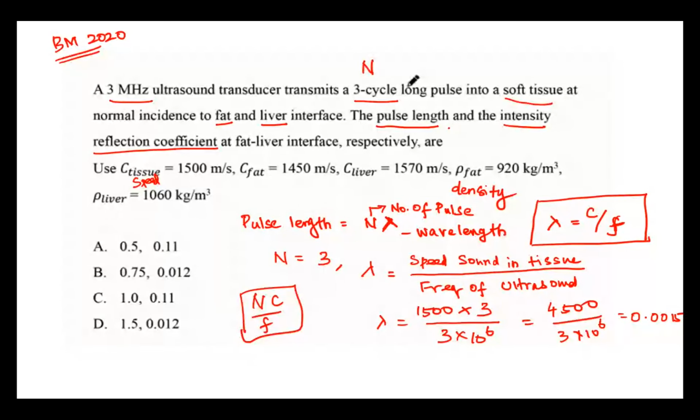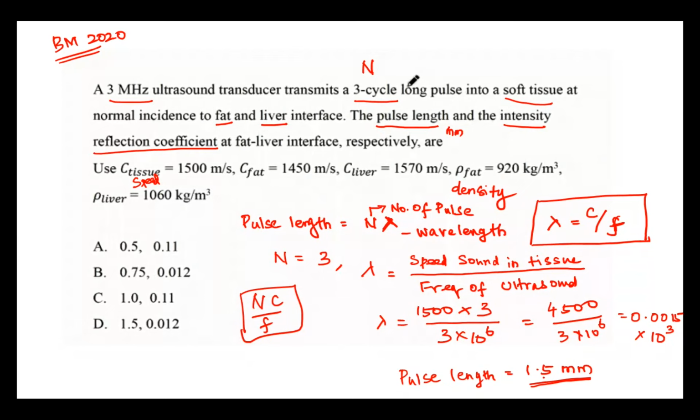Most probably the pulse length will be in millimeters, so convert this into millimeters. How do you convert 0.0015 to millimeters? Multiply by 10 to the power of minus 3, so it is 1.5 millimeter.